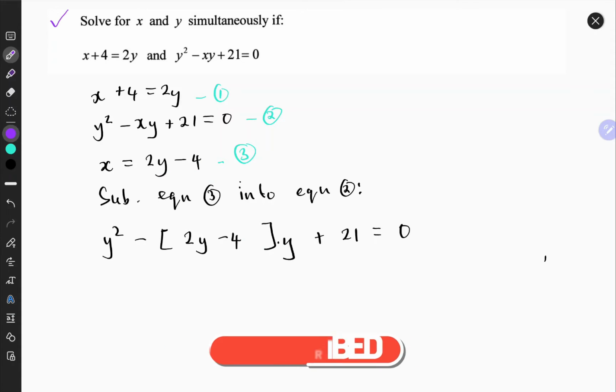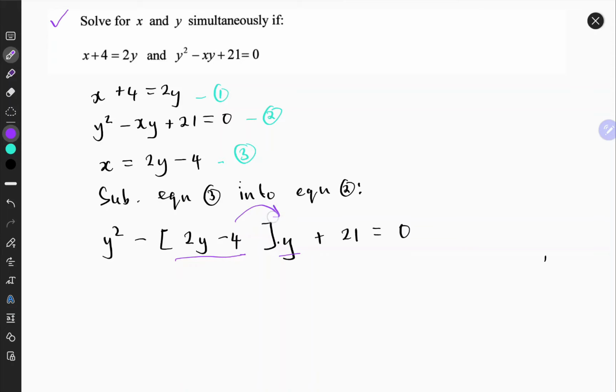The next thing that I'm going to do is exchange these two terms' positions, because I prefer having the y in front of the bracket so that it becomes easier to use the distributive property. So instead of having times y here, I'm going to place it in front.